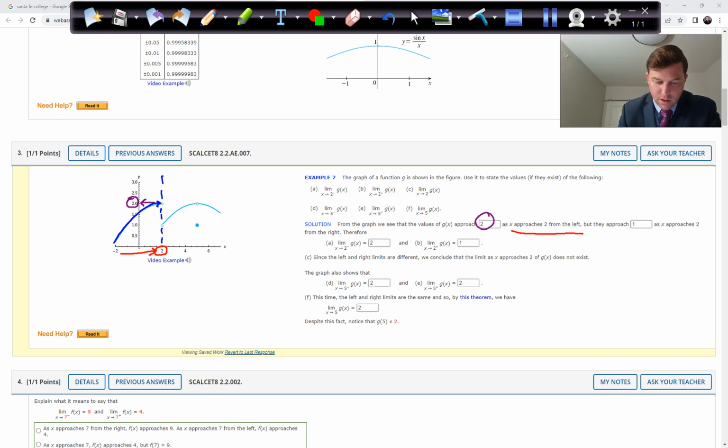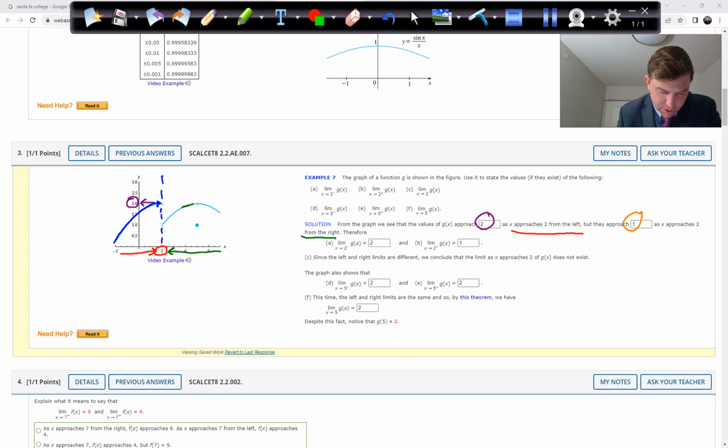Okay, then it says it approaches, let me use color here, 1 as x approaches 2 from the right. So from the right, now I'm trying to get to the same 2, but I'm coming from the right side. So I have to ride the curve, doesn't matter where I jump on it.